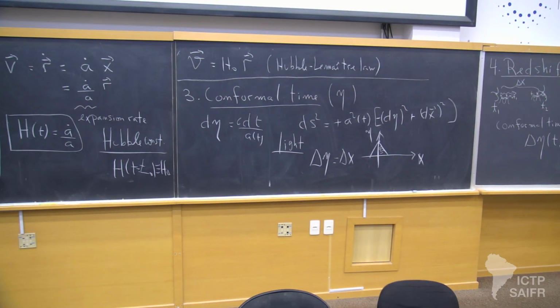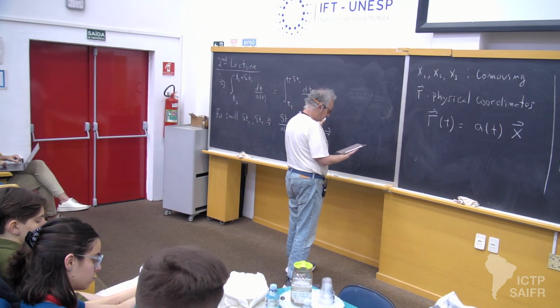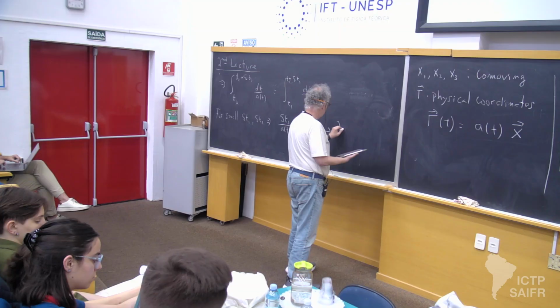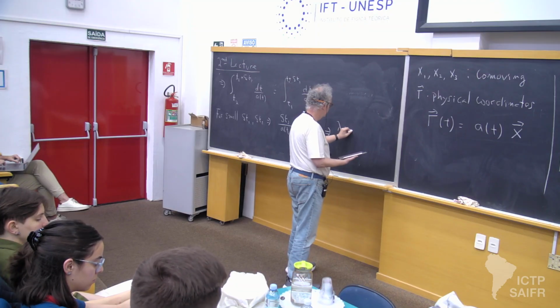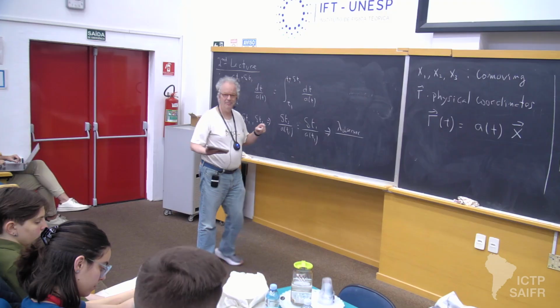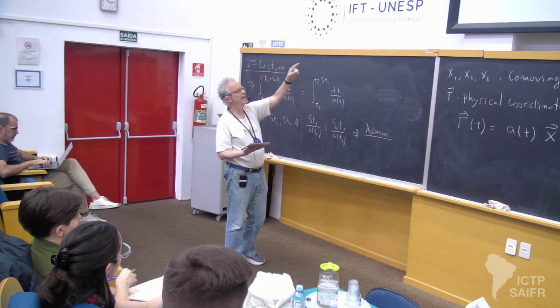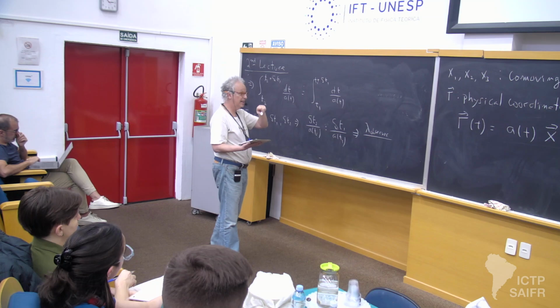is that delta T2 is the received one. A of T2 is the scale factor when it's received. So I would say that the wavelength of the observer, so this is the observer, I'm looking at T2, right? A galaxy far away is emitting light, and I am at the galaxy T2.